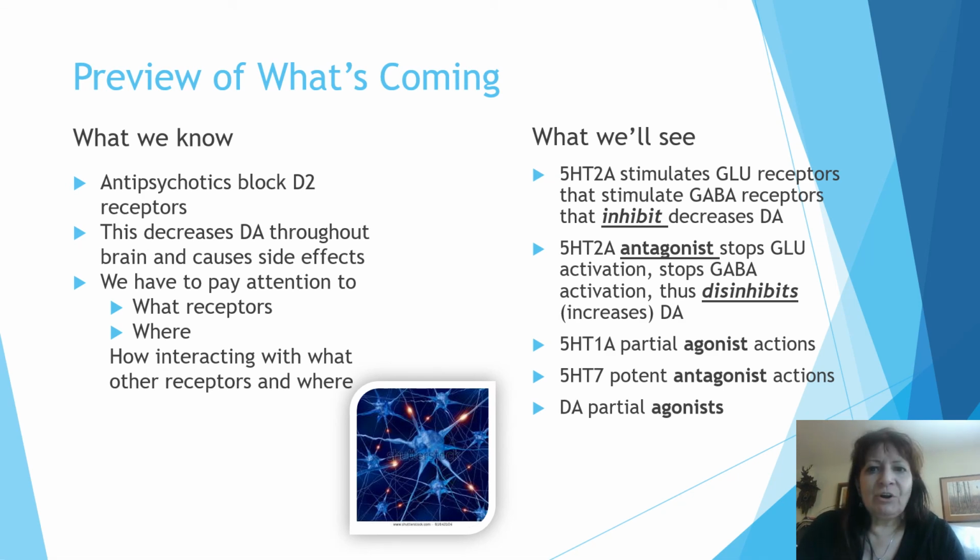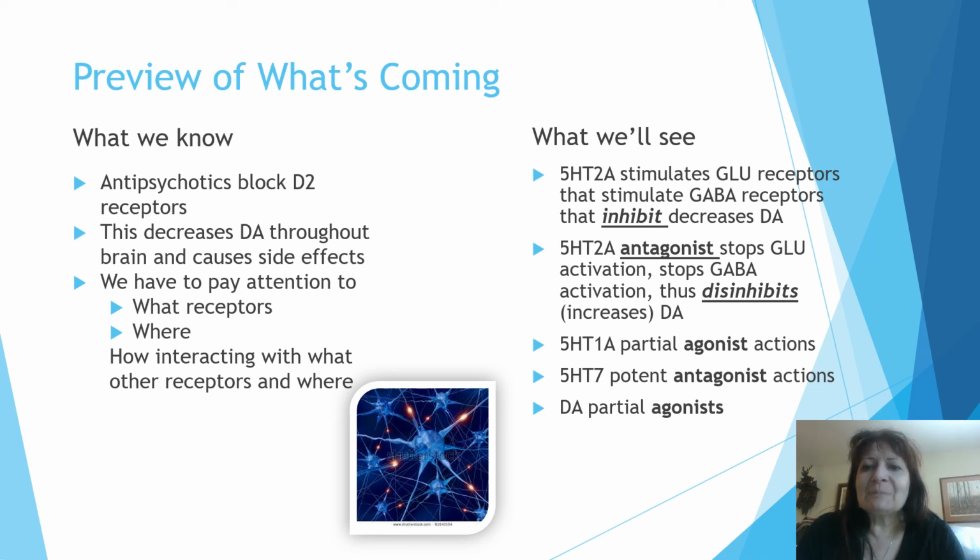Okay, so some things that we're going to talk about. We know that antipsychotics block D2 receptors and that it goes on throughout the entire brain, causing side effects. We need to pay attention to what receptors, where they are, how they're interacting with other receptors, and where. What we will talk about further, 5-HT2A stimulates glutamate receptors that stimulate GABA receptors that in turn inhibit and decrease dopamine. 5-HT2A antagonism stops the glutamate activation.